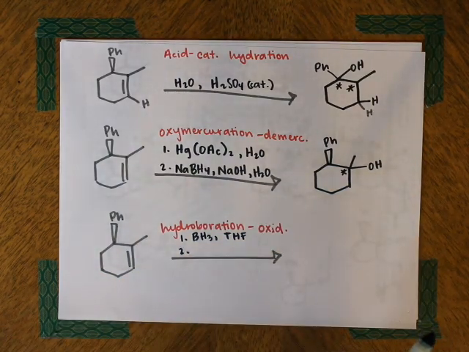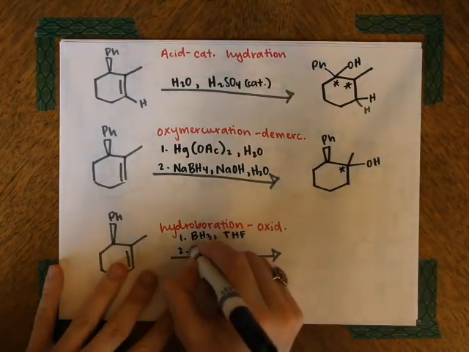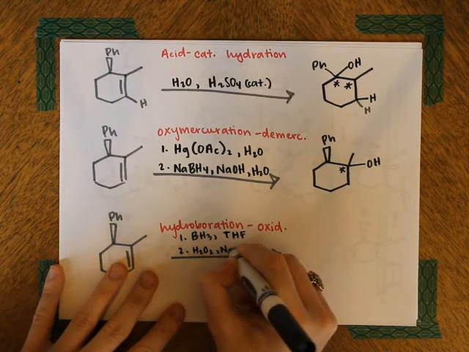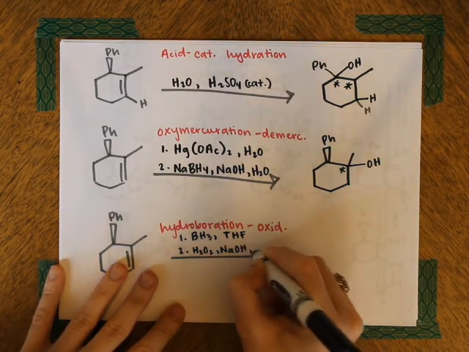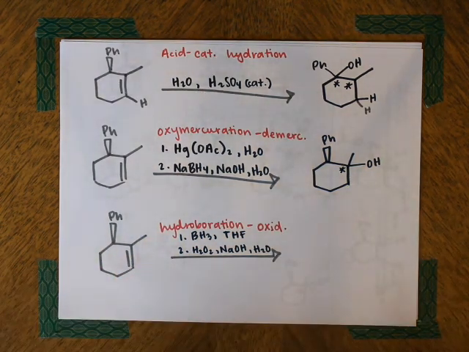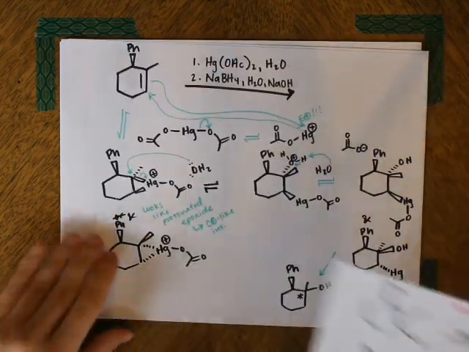The oxidation is when we get rid of it. And so we have H2O2, sodium hydroxide, and water. So we'll come back and fill this part in, and we'll assess what happens after we do that mechanism.